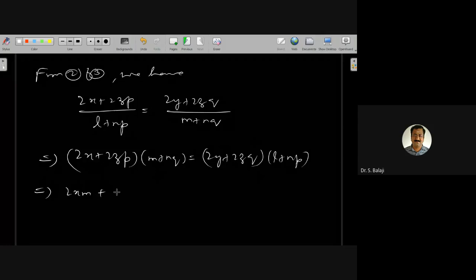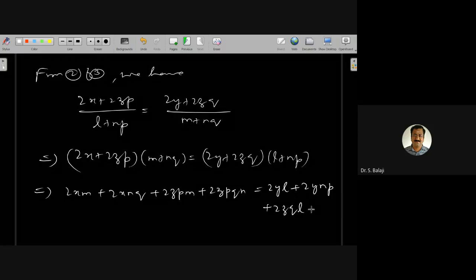2xm plus 2xnq plus 2zpm plus 2zpqn equals 2yl plus 2ynp plus 2zql plus 2znpq.